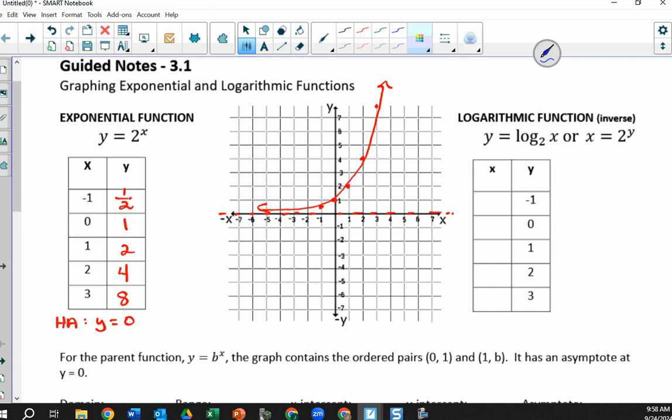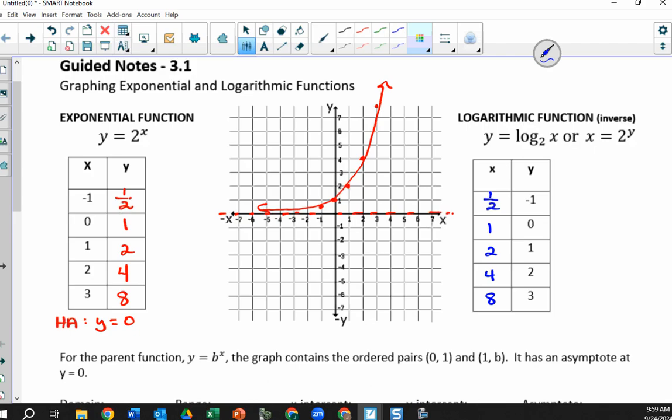Do you see how over there the x values were filled in for us? The -1, 0, 1, 2, 3. And now those are the y values that I have. So what do you think is going to go here? Yeah, the 1/2, the 1, the 2, 4, 8. So we're going to write those in. And we'll plot those.